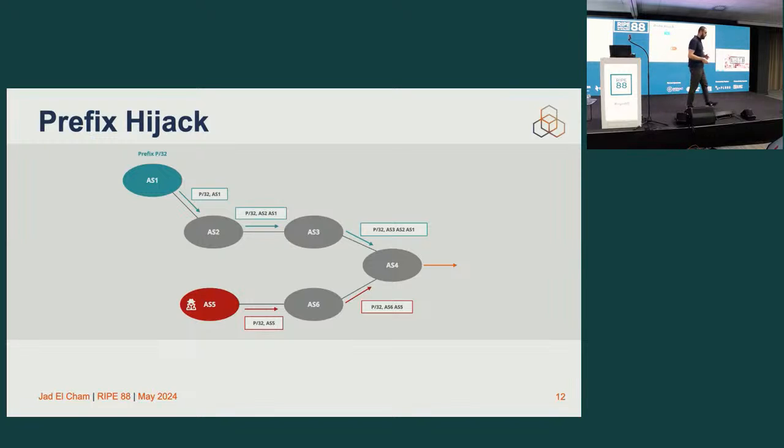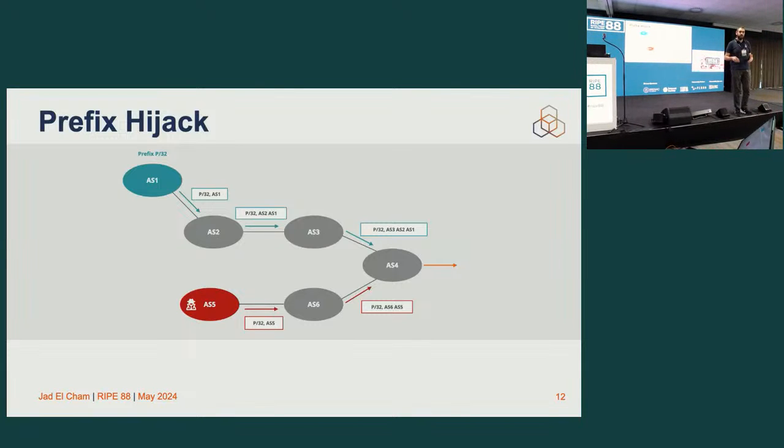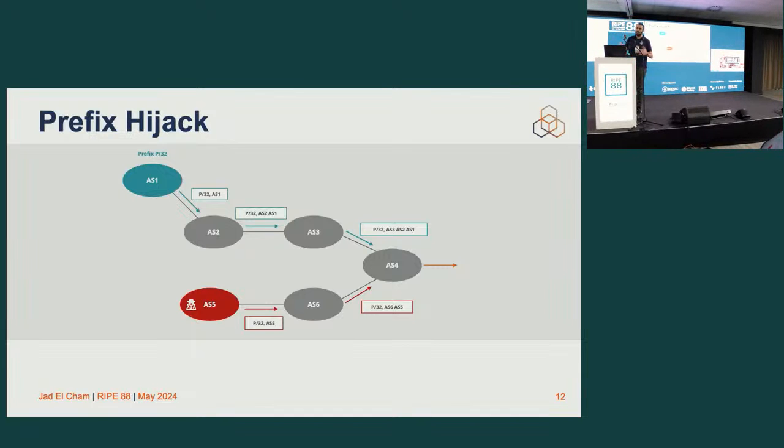All right. Now, what will happen in this case typically is that the effect of this malicious announcement, if it goes through, wouldn't be a global outage. It would rather be more of a local outage or regional hijack. Why? Because you would have two competing announcements with two different AS paths, and then it would depend on the router, on the network receiving these announcements to decide which one is better.